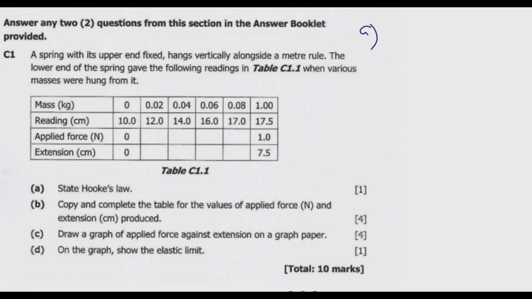Hooke's law basically states that the force applied to the spring is directly proportional to its extension, provided it does not pass the elastic limit. So ideally, the applied force is directly proportional to the extension, with a constant.